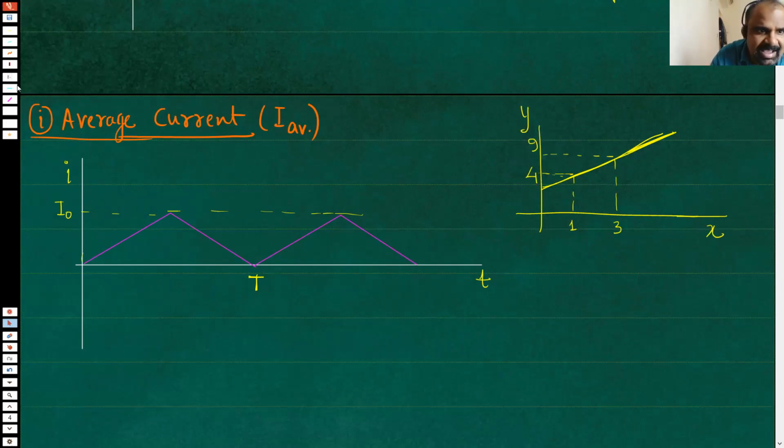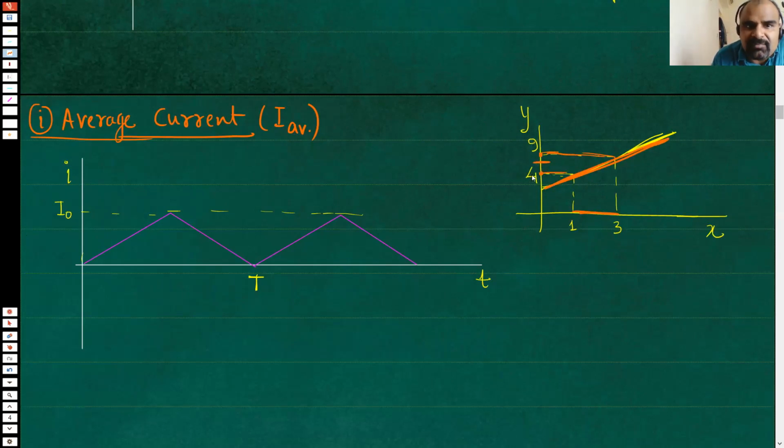So what will be the average during this interval? The function is a linear function. Can you see a linear function? So the average will be exactly at the middle.